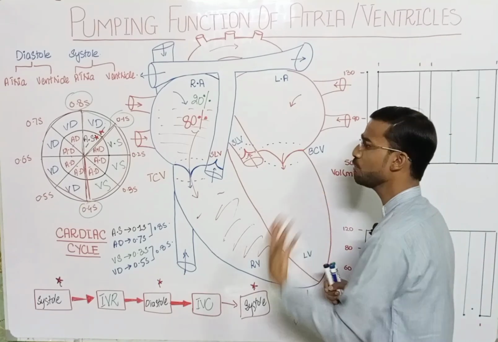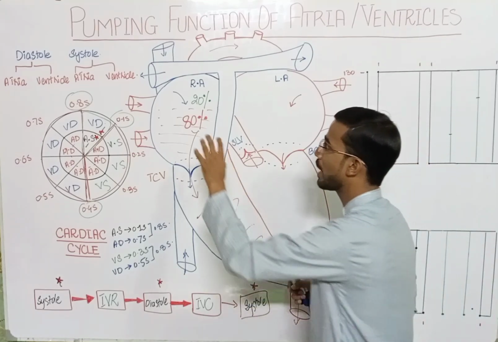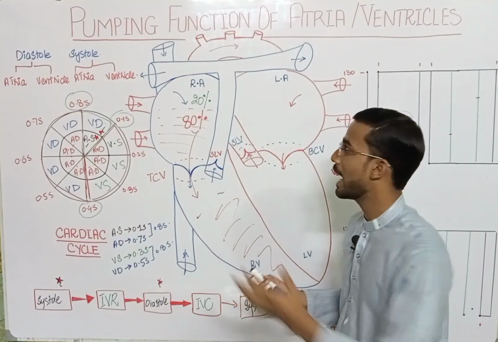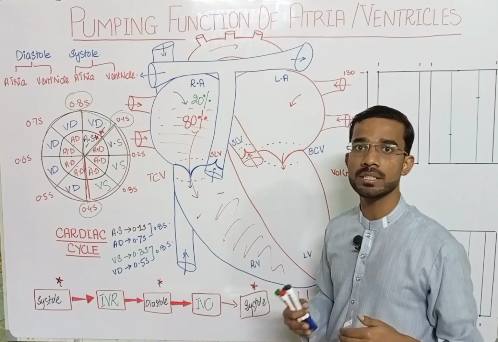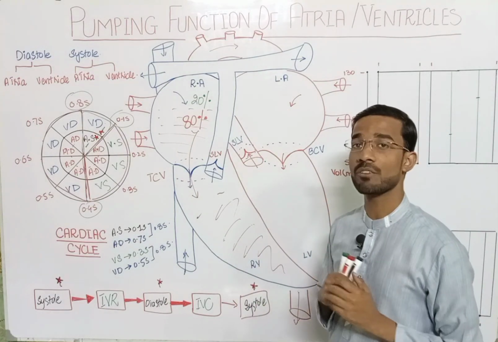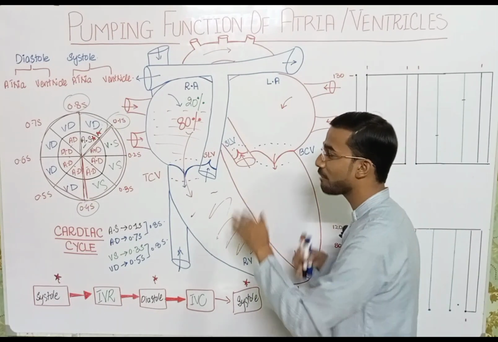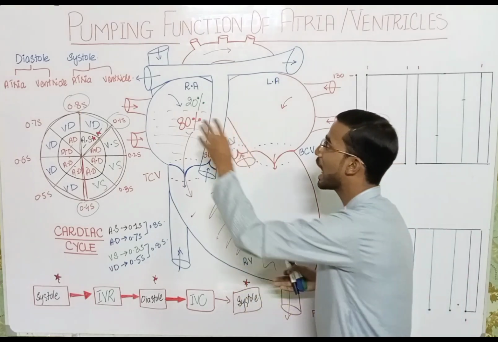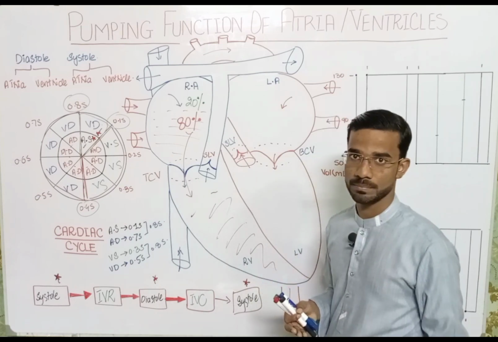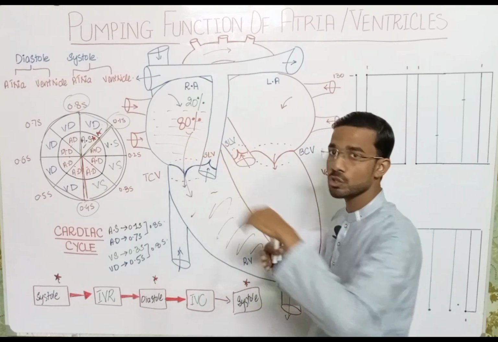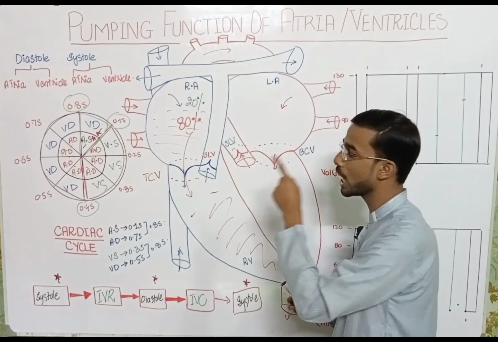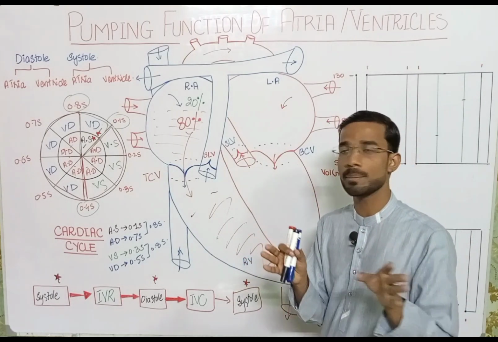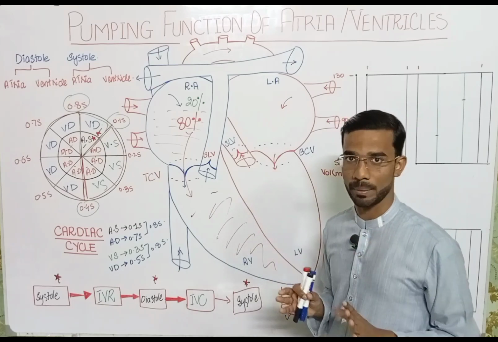Now if the atria stop contracting, and you say the atria are dysfunctional, then what will happen? The effectiveness of the heart will not be much affected by the atrial dysfunction. When the atria stop functioning, the heart still pumps properly, approximately. There is a little change, but the heart functions properly.